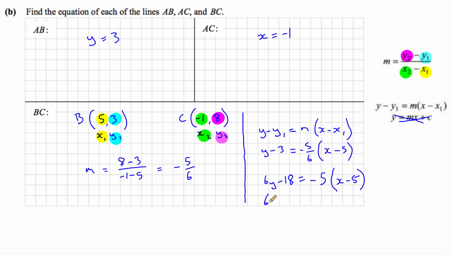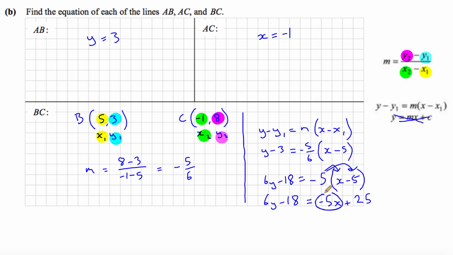So now that leaves me with 6y minus 18 is equal to, I'll just expand this bracket out, that's minus 5x, and minus 5 by minus 5 is plus 25. Finally, I'm just going to bring everything over to the left side.